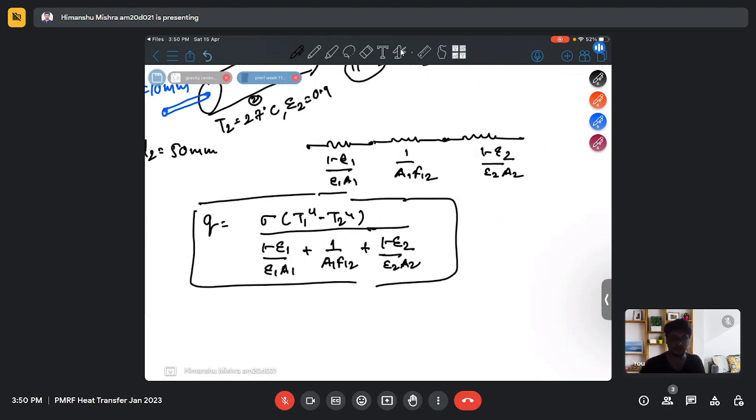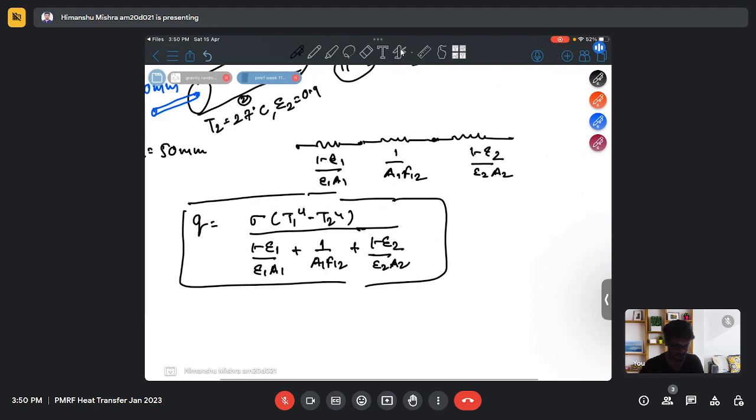Now in the last class, we simplified this expression for two long cylinders. By simplification, I mean that here we know that F12 equals 1, and also A1 by A2 equals r1 by r2, or d1 by d2.